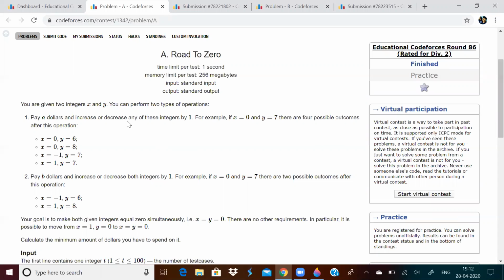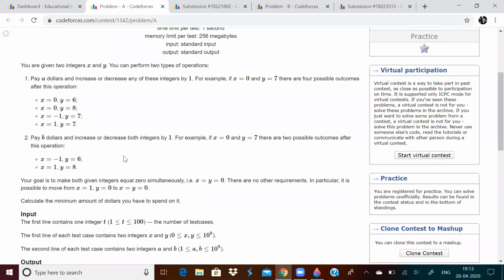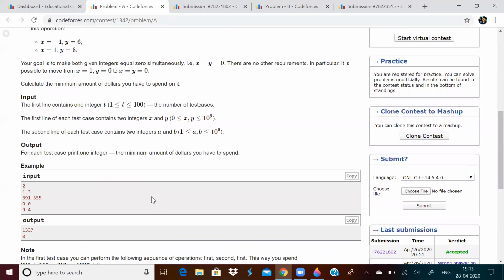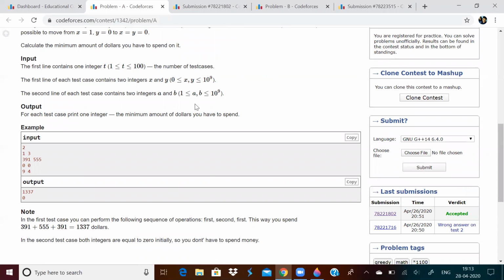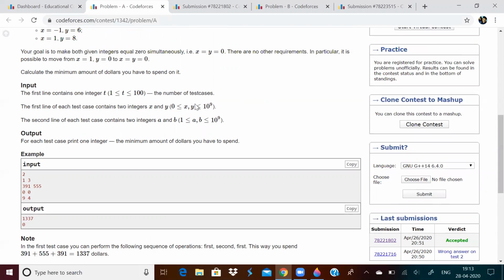So the only difference is that if we pay $a, the change happens on one of the integers, whereas if we pay $b, whatever we do, increase or decrease, happens on both the integers. What is our goal? We have to make both x and y 0, and we have to spend the minimum amount of dollars. So this is an easy question.